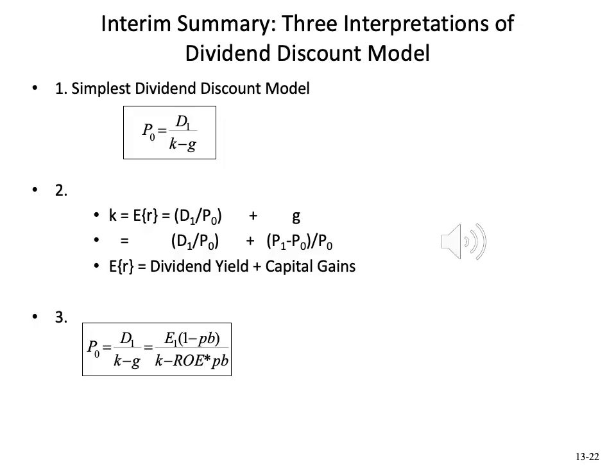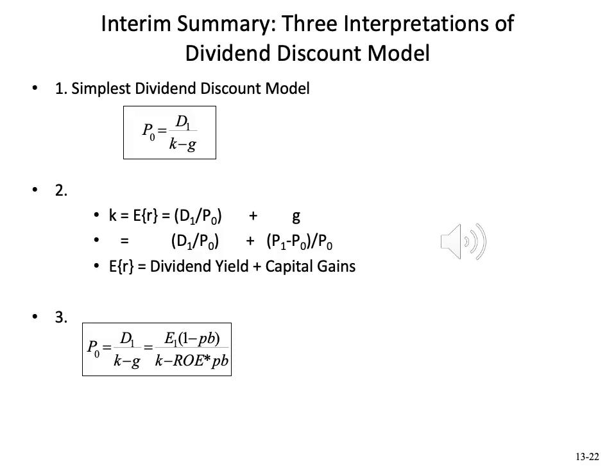To summarize, now we have three interpretations of the dividend discount model. The first one is the simplest dividend discount model, which is P0 equals D1 divided by K minus G, constant growth model. The second interpretation is in terms of the returns. The expected return is the dividend yield plus capital gains.